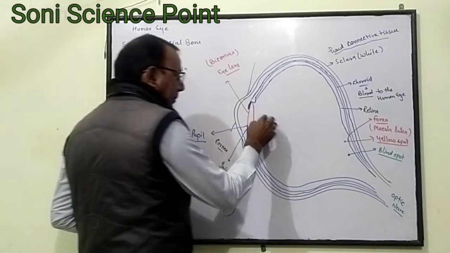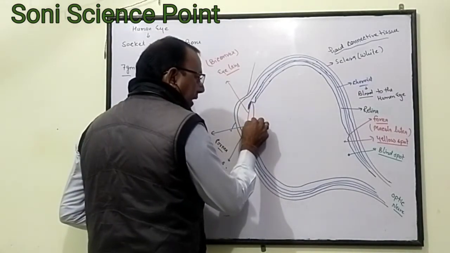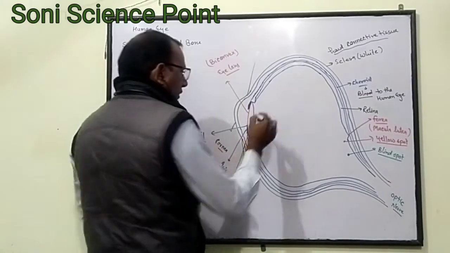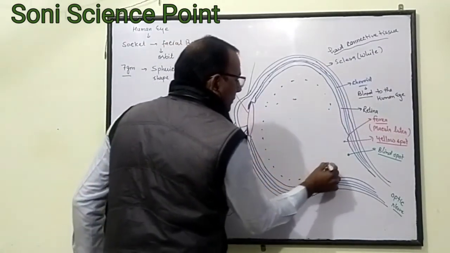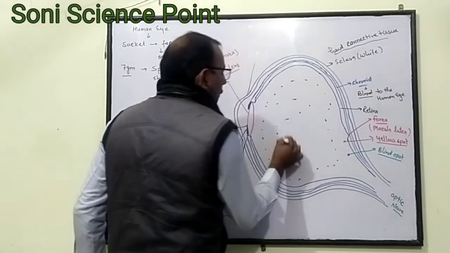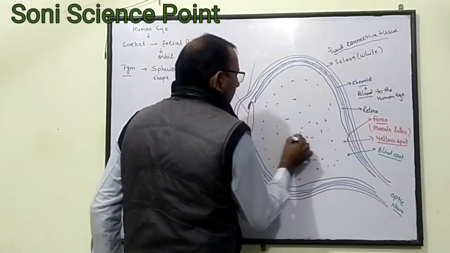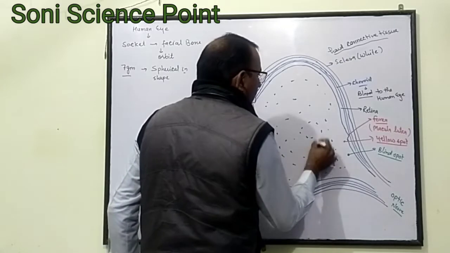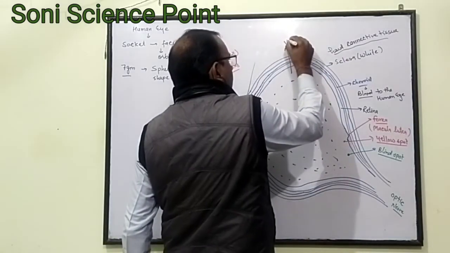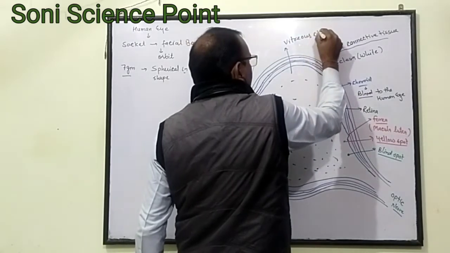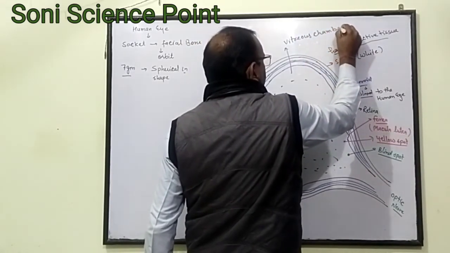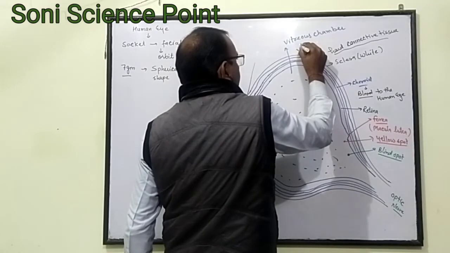Which chambers? One chamber is present between the human eye lens and retina. This is called the vitreous chamber, and in this chamber a fluid is filled that is called vitreous humor.